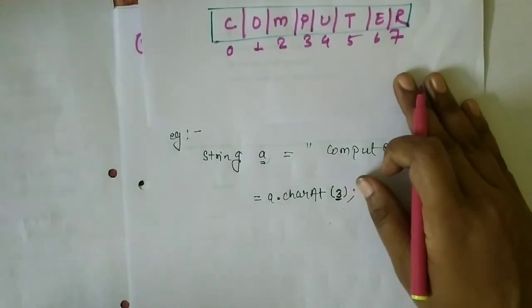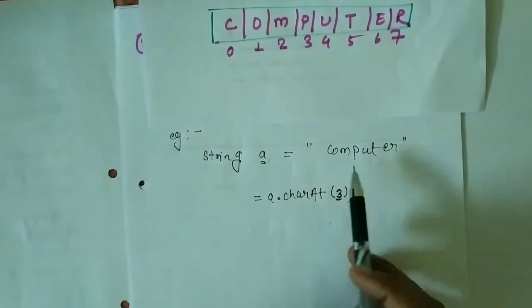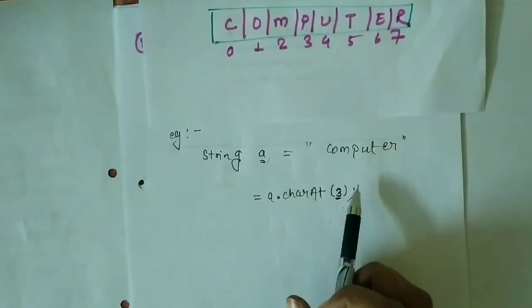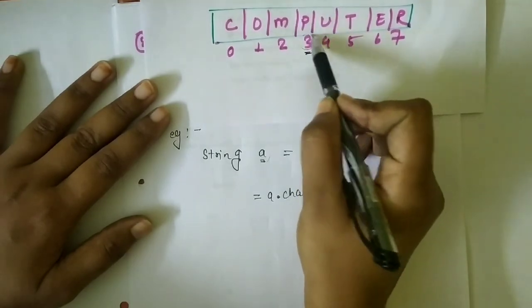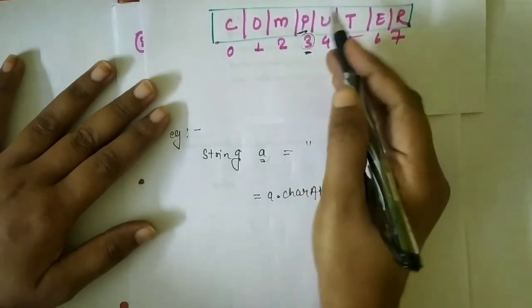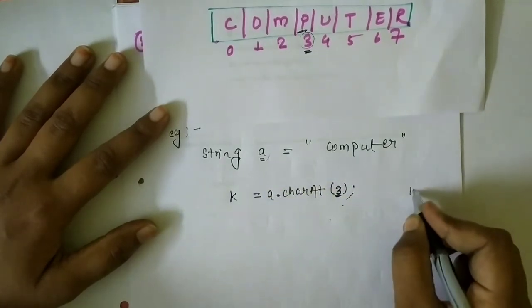So I have written 3 here. In this 3 position, which value is there? In the 3 position, the value is P. Suppose I write K here, so what is the value of K?